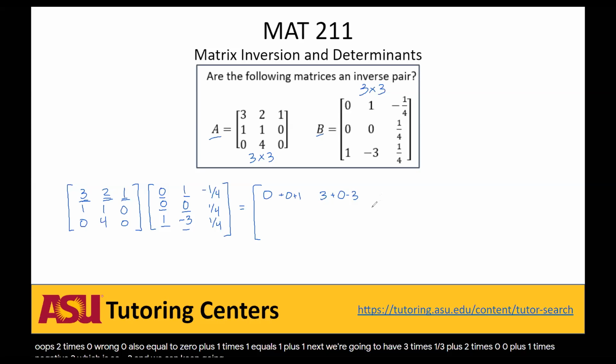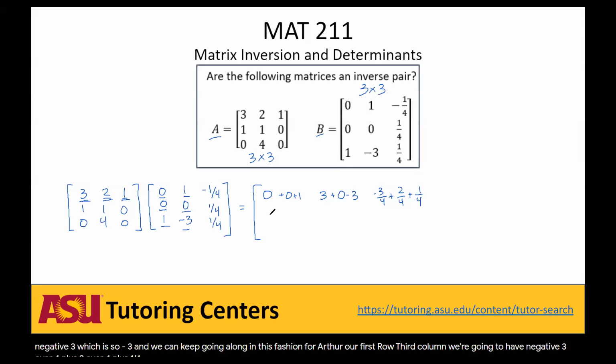We can keep going along in this fashion. For our first row, third column, we're going to have -3 over 4 plus 2 over 4 plus 1 quarter.